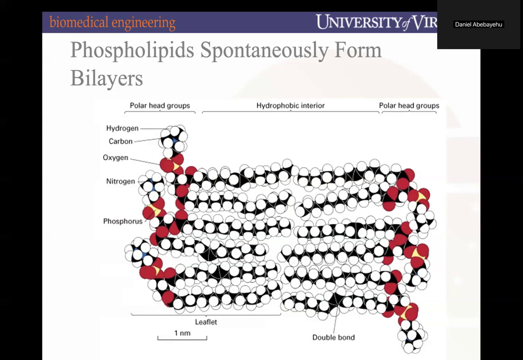And so that's how and why our cell membranes with the phospholipid bilayer are composed this way, where the hydrophobic regions are turned towards each other and the polar head groups are oriented out towards the extracellular region or outward towards the intracellular region.